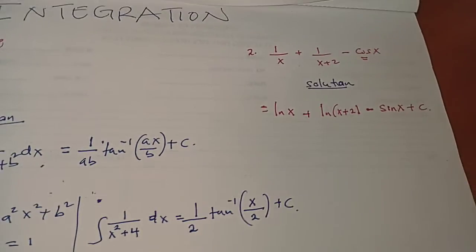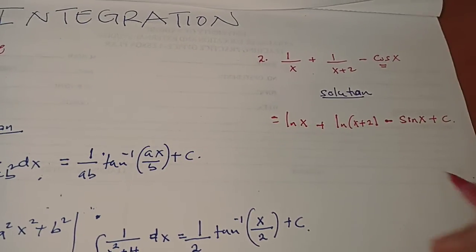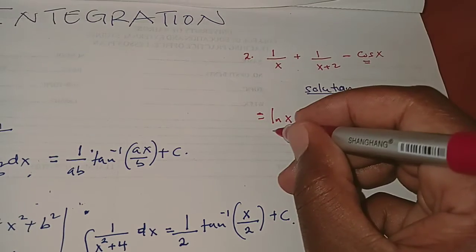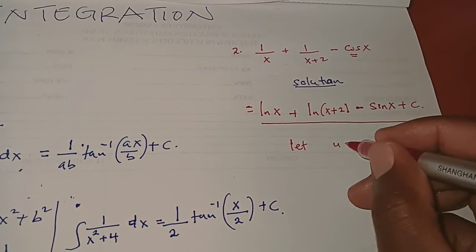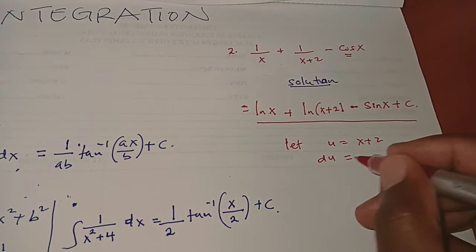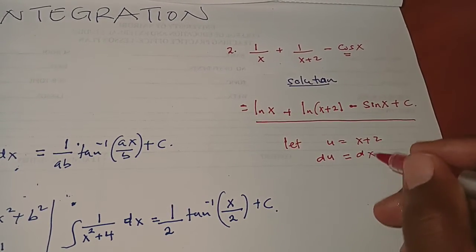There's something I want to point out. This is the answer, by the way. If you let your u be x plus 2, then du is equal to dx in this case.